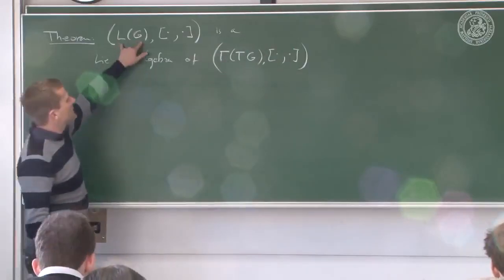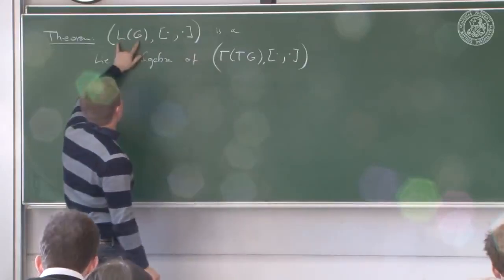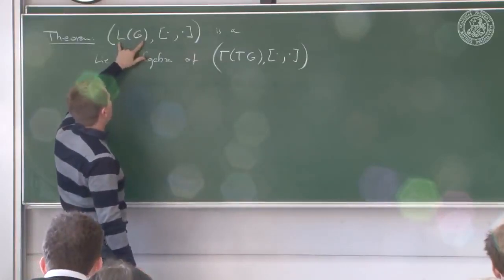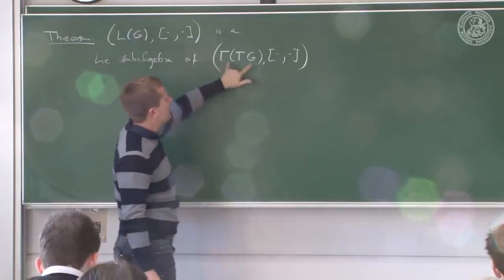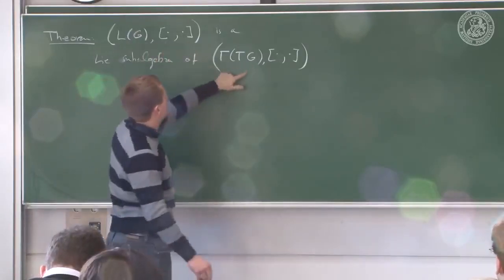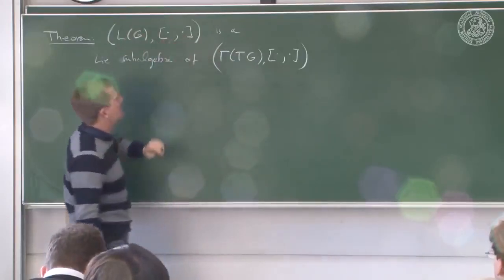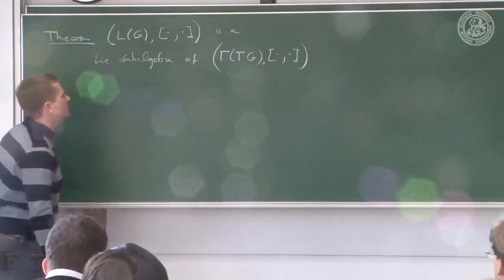Well, I know that L of G is a subset of gamma Tg, and I know that it's even an R subvector space of this guy. Now, what is it with the brackets? Well, this is the bracket only restricted to this, but the question is, does the bracket close on L of G?